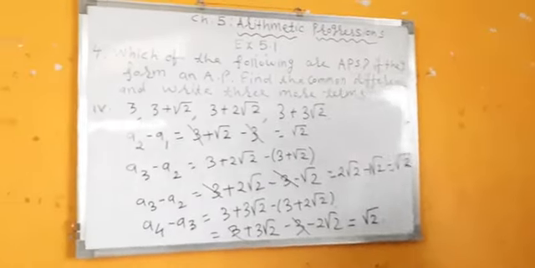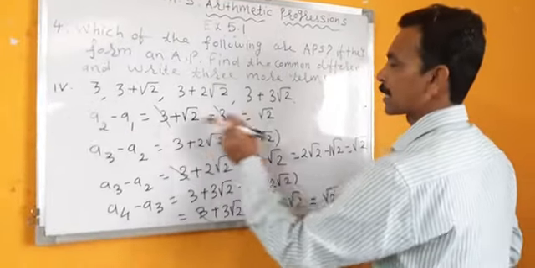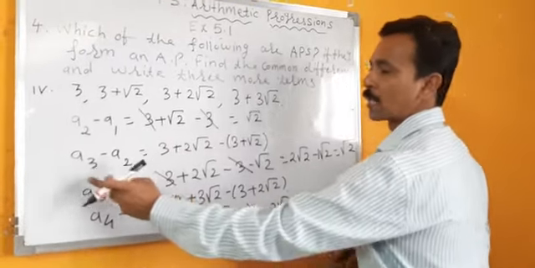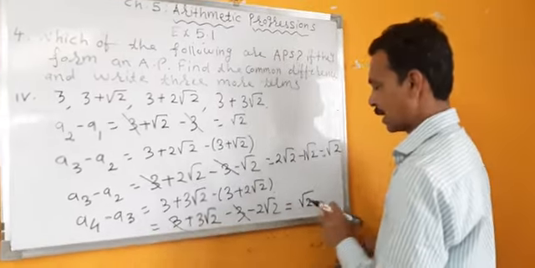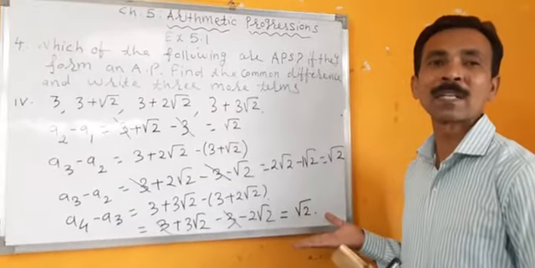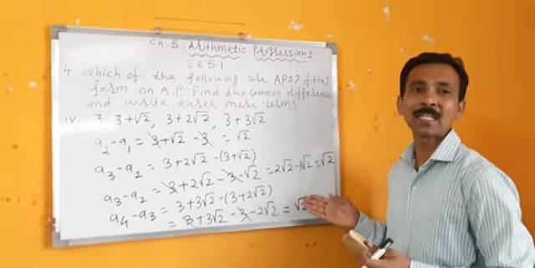Now look at the common difference. What is a2 minus a1? Root 2. What is a3 minus a2? Root 2. What is a4 minus a3? Root 2. Common difference is same, so it forms an AP.